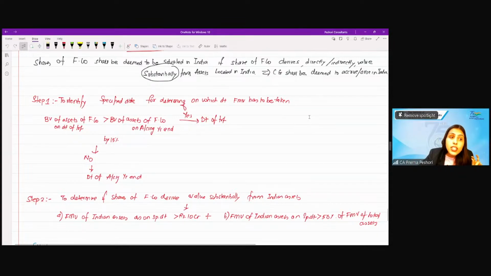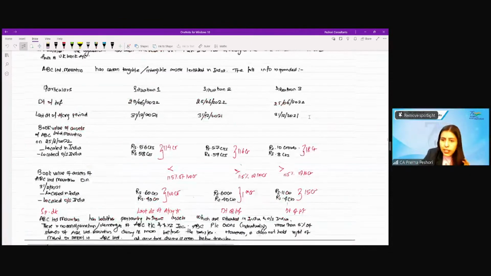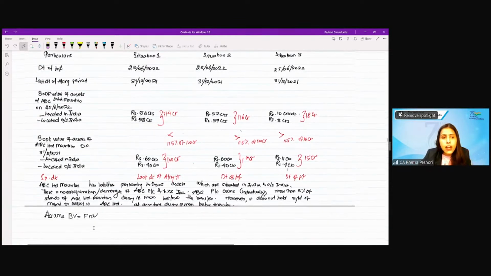Now you will check whether these two conditions are getting satisfied or not. Here, what we need to see is whether the FMV as on the specified date is exceeding the 10 crore. First thing. But here I have written assume book value is equal to FMV, so I have not taken a separate FMV. Right?